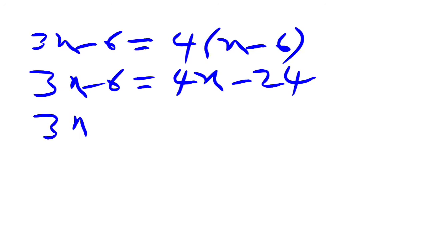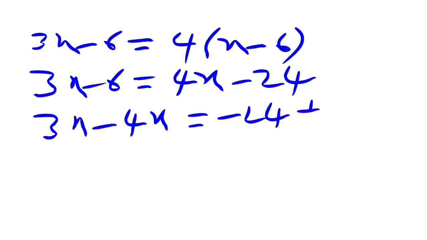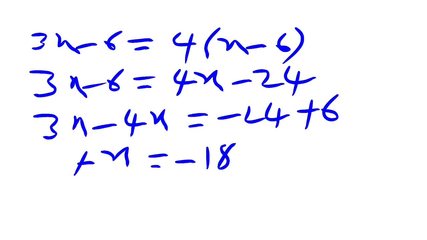Write variables on the left side and constants on the right side. So 3x minus 4x is minus x, minus 24 plus 6 is minus 18. The minus signs cancel on both sides of the equal symbol, so x equals 18.